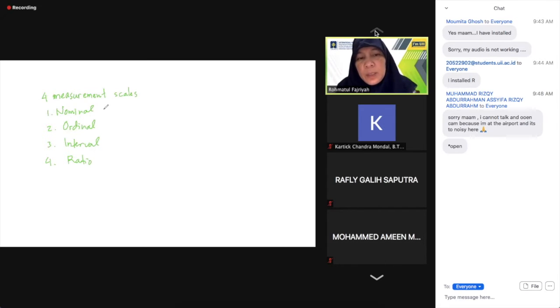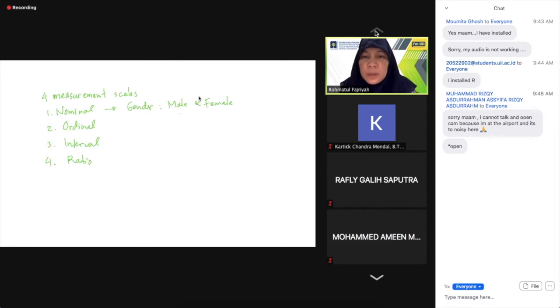So nominal, for example, is about gender. You can say, for example, gender is male and female. Okay. Your data sometimes assigns a number to this kind of data.